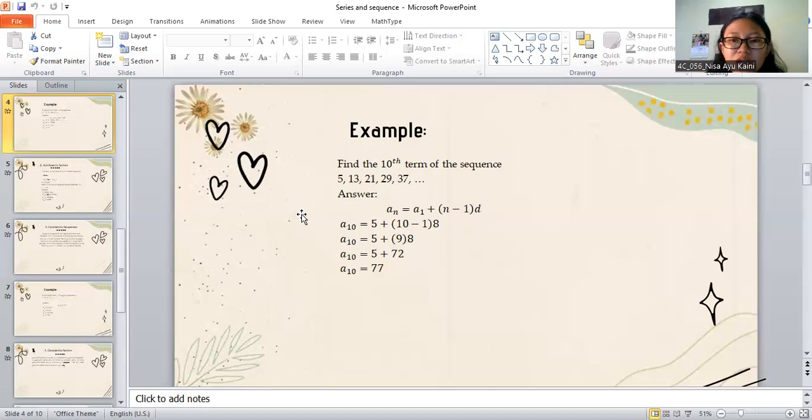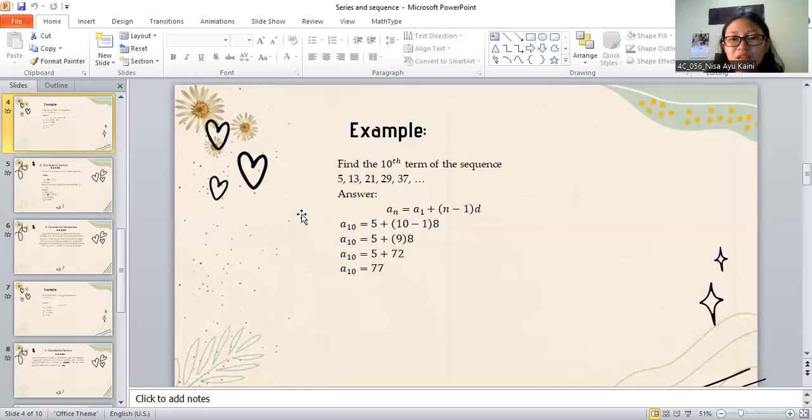Then all you need to do is replace the values, so a sub 10 equals 5 plus the quantity 10 minus 1 multiplied by x. Then we have 5 plus, if you subtract 1, the result is 9 multiplied by x, and that results to 72.